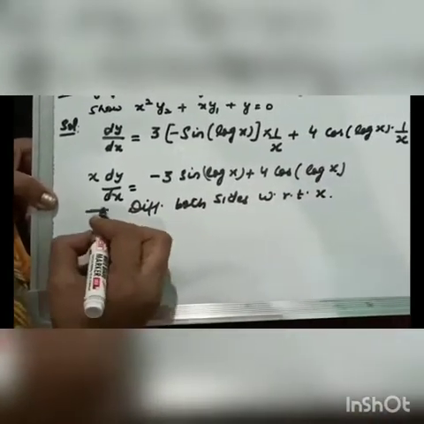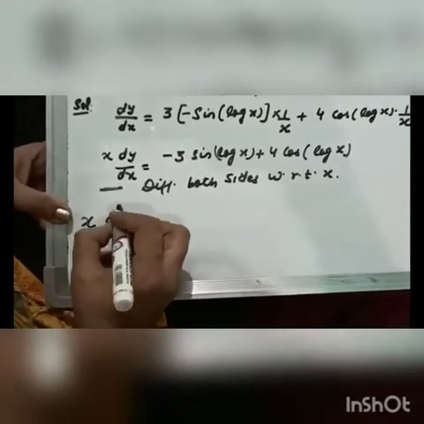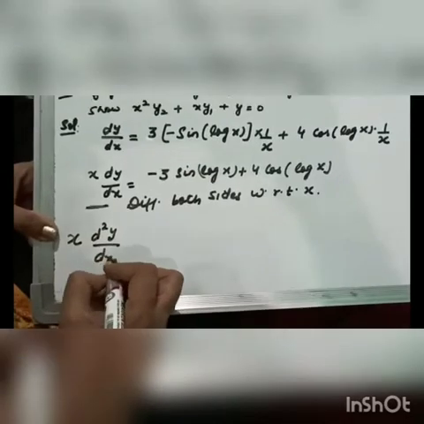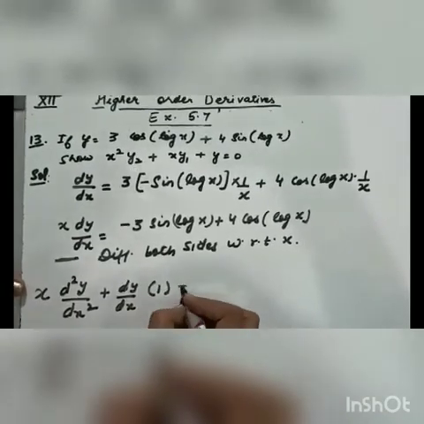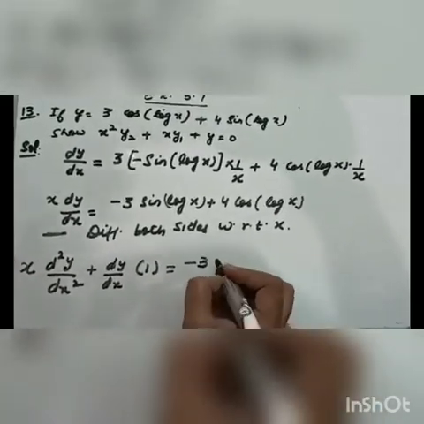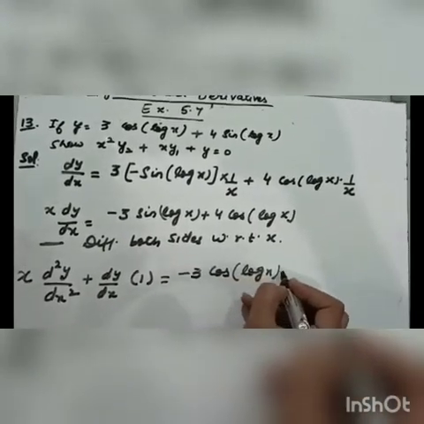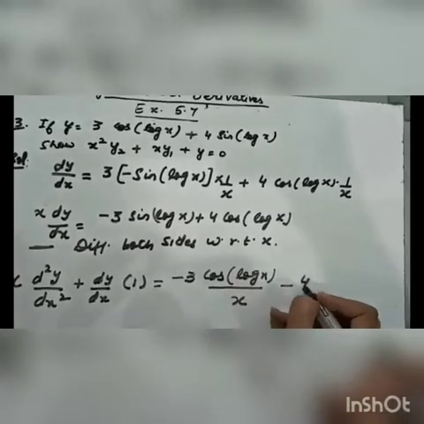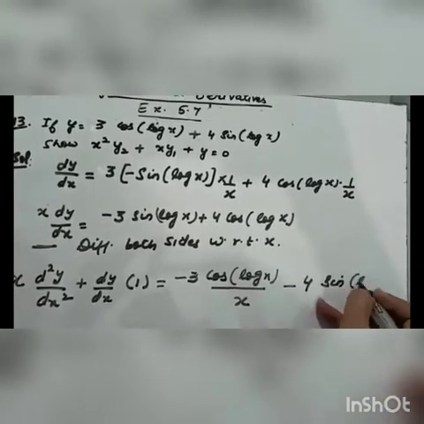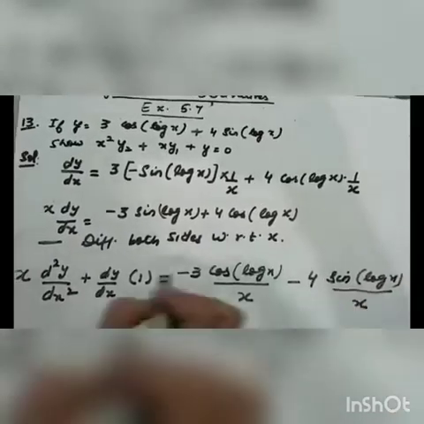When you differentiate here, a product rule is to be applied. x as it is, derivative of dy by dx is d square y by dx square. Dy by dx as it is, derivative of x is 1, minus 3 cos log x into derivative of log x, which is 1 by x, minus 4 sin log x. Derivative of log x is 1 by x.